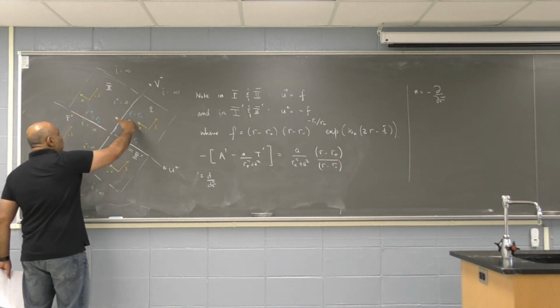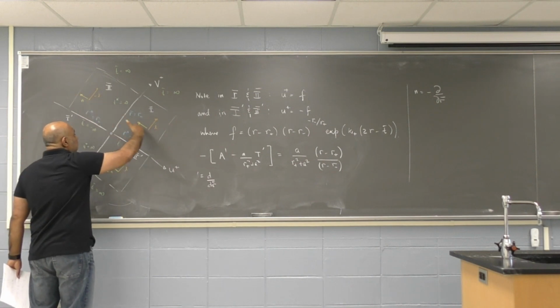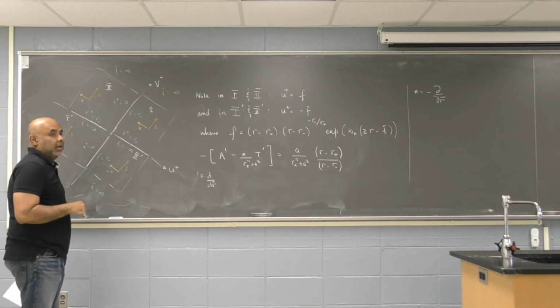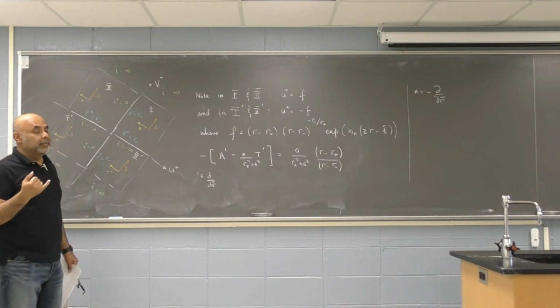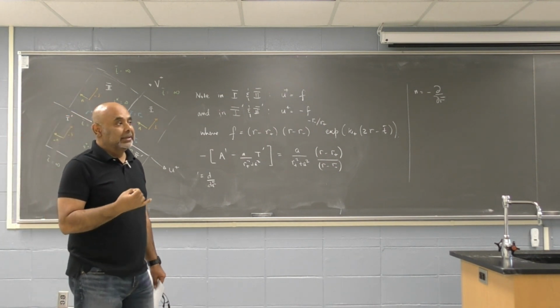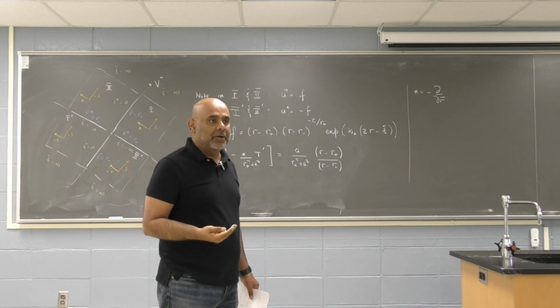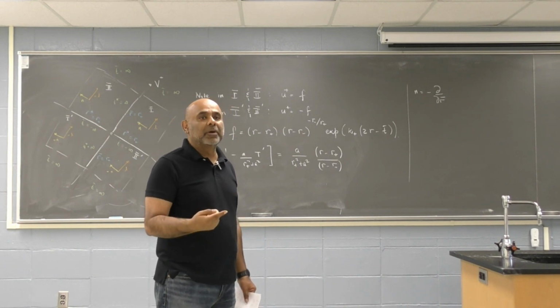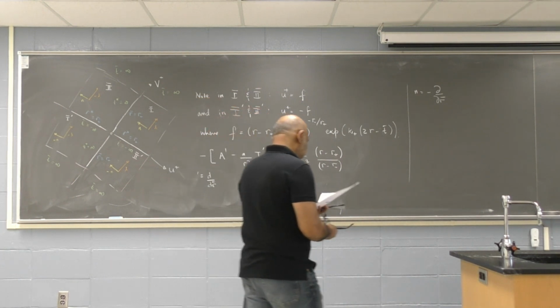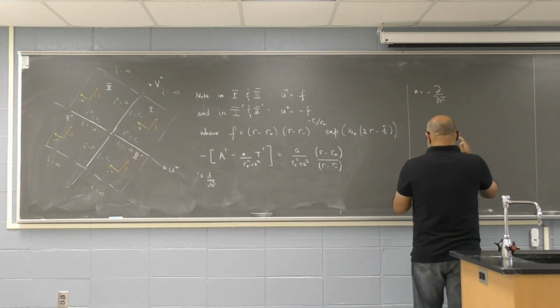So n goes this way. So n can have at most three components: the u component, the theta component, phi component. But theta, it's not moving in theta at all, so it'll only have a u component and a phi component. So let's just look at that.